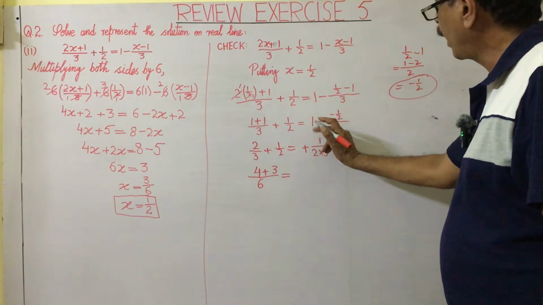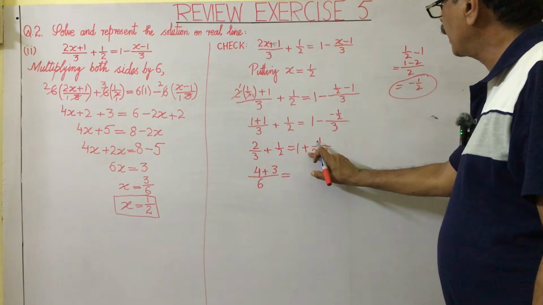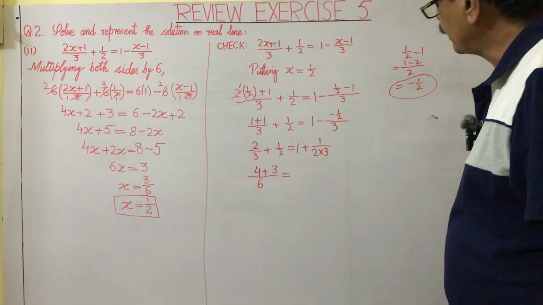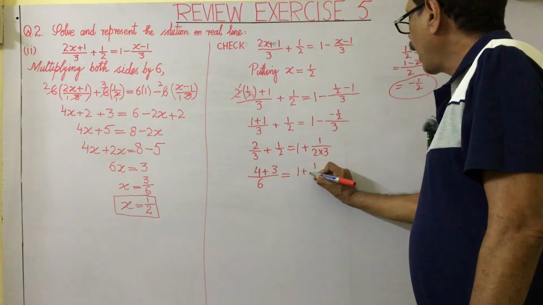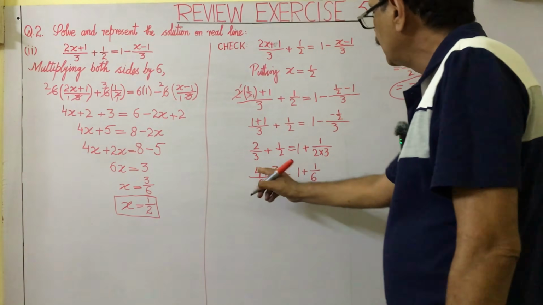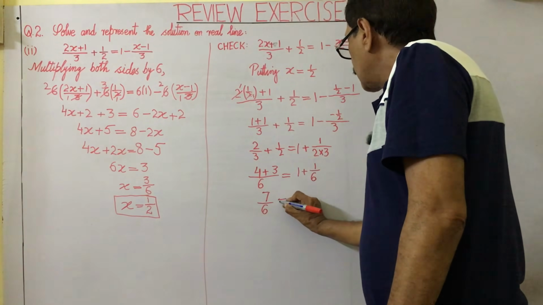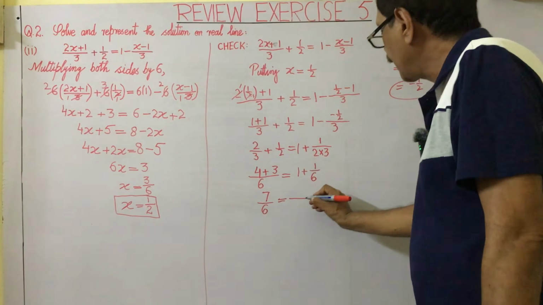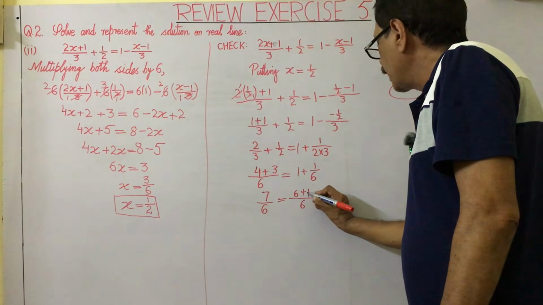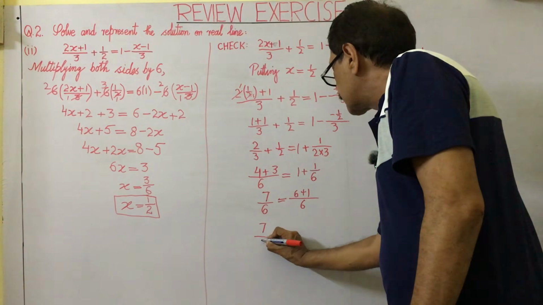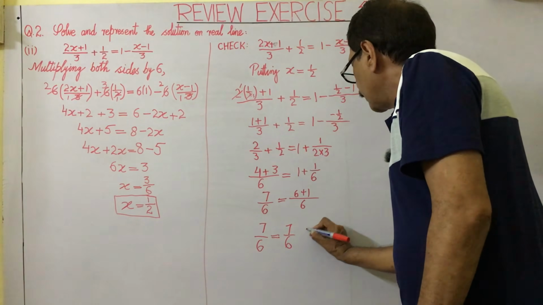Now you see, students, it is 1 plus 1 over 6. 3 plus 4 is 7 over 6 equals, taking LCM 6, 6 ones are 6 plus 1, 7 over 6. 7 over 6 is equal to 7 over 6, which is true.